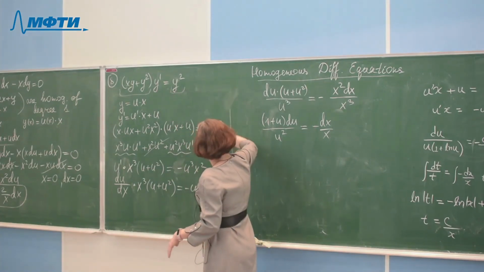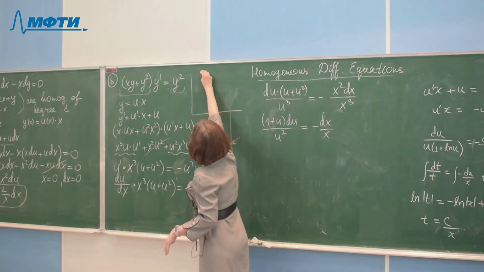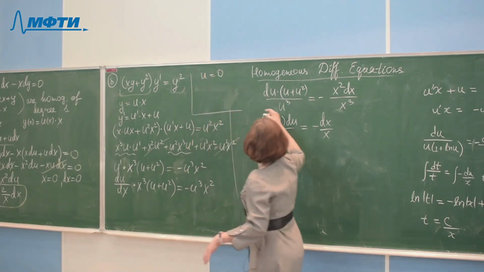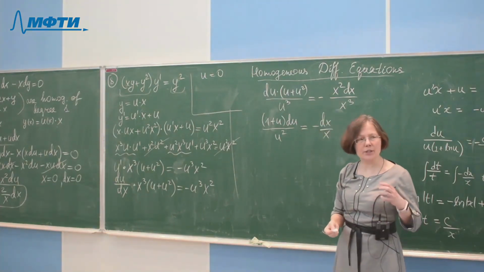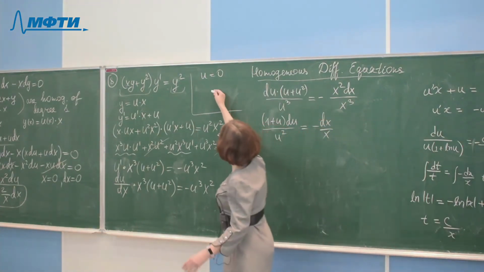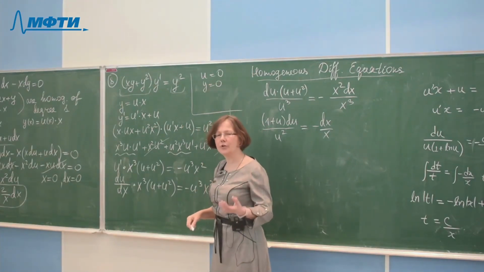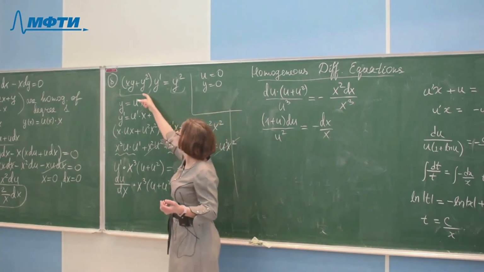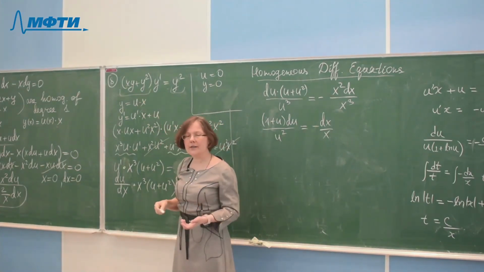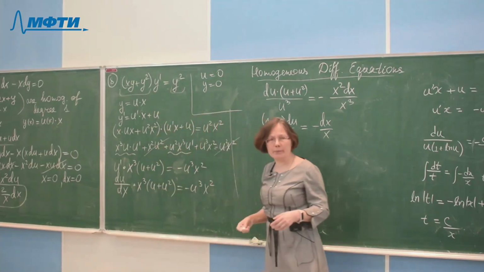And now we should consider a particular solution of the form u equals 0. Since we have divided by u, is it a particular solution? If u equals 0, then y equals 0 also, because it is the product of u and x. So y equals 0 of course satisfies this differential equation. So it is a particular solution.